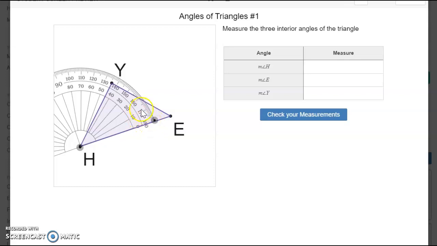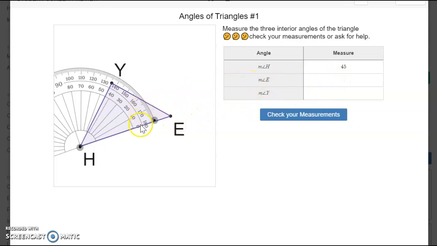If I start measuring using the outside numbers, that's measuring from 187 going down. We don't want that. We want to be going up, so we need to be using the inside numbers. So that's 10, 20, 30, 40, and it's more than 40 but less than 50, and it looks like about 44 to me. 44, 45. Yes, I can say 45.